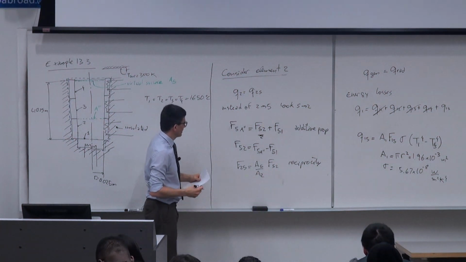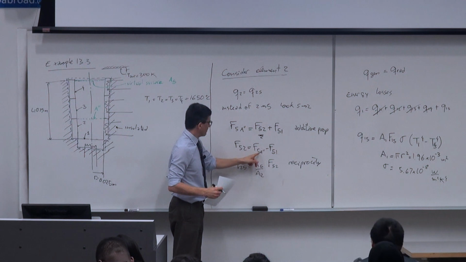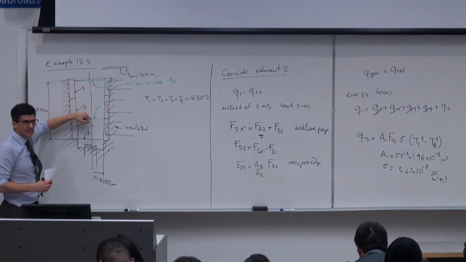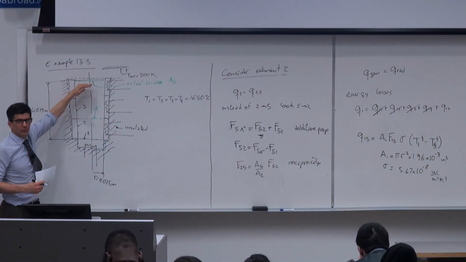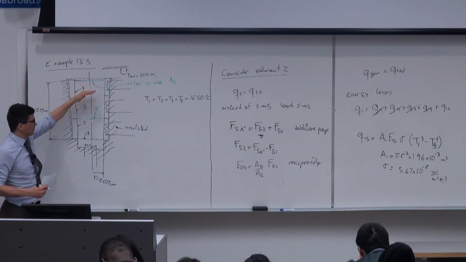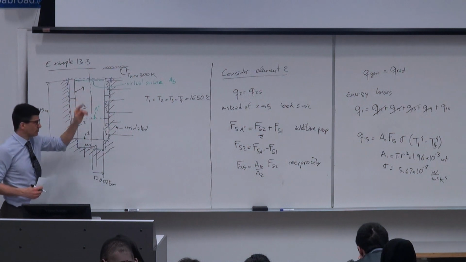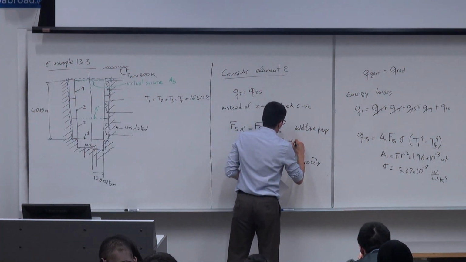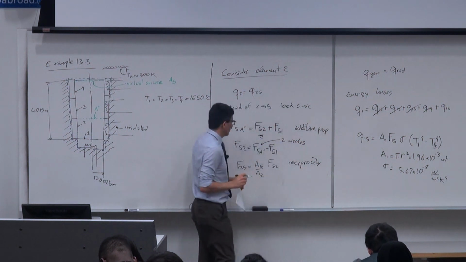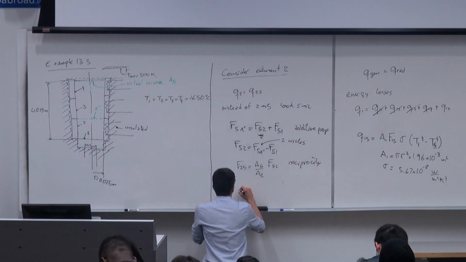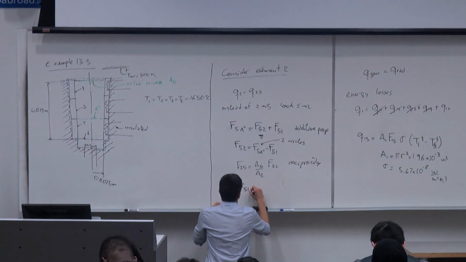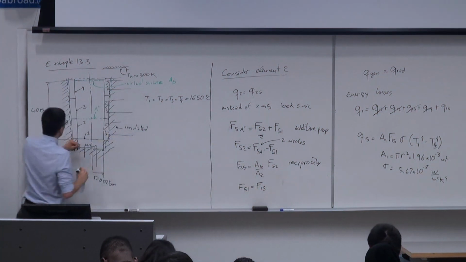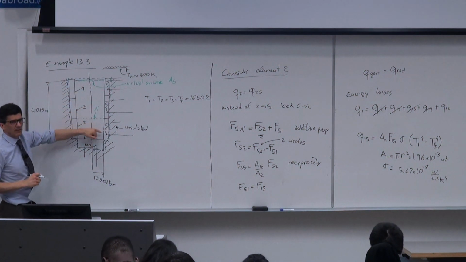Now look at this. F5 to A double prime is the two circles, right, connecting with each other. This one we know. Two circles. Now, F51 is the same as F15 because the areas are the same. 1 and 5 have the same area, right?